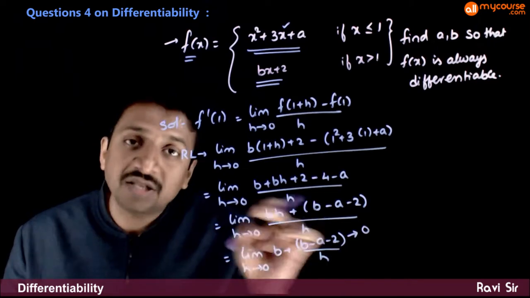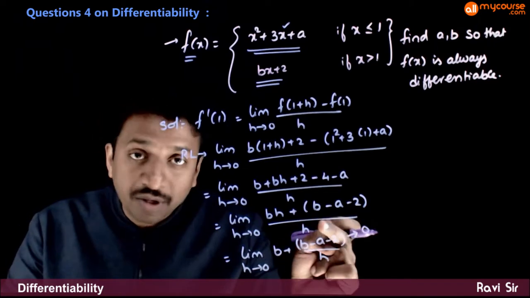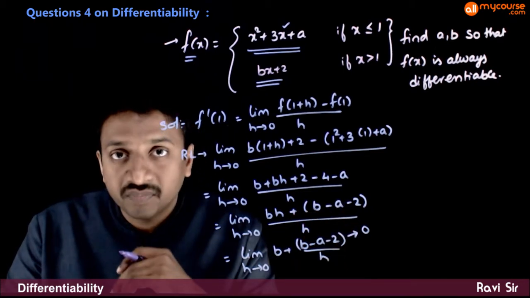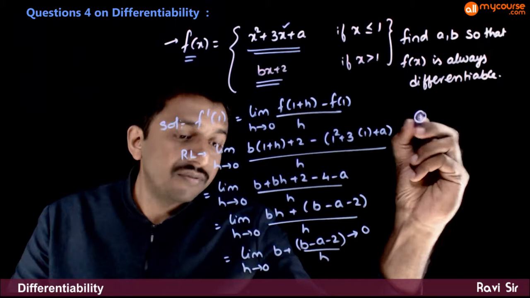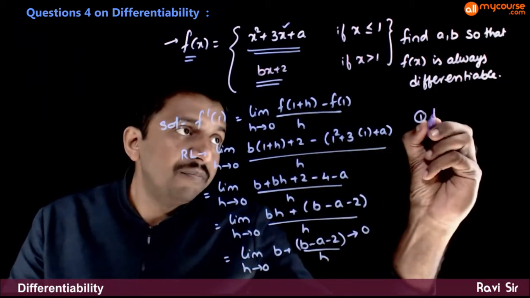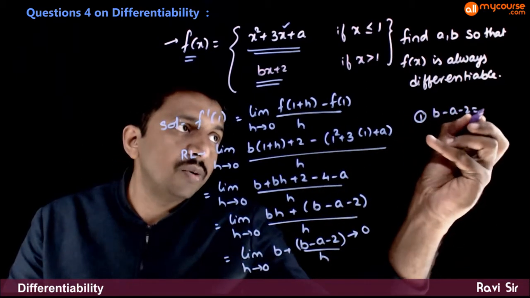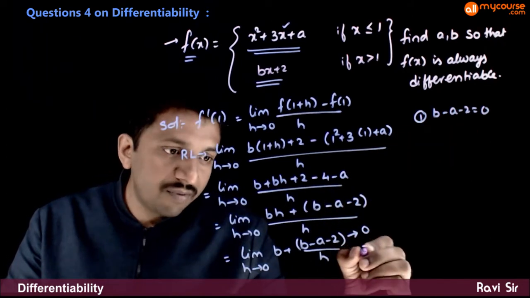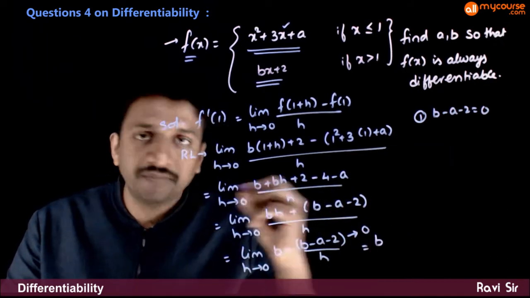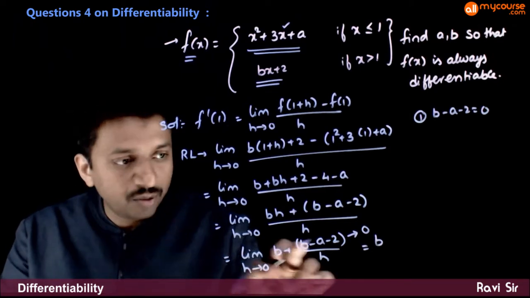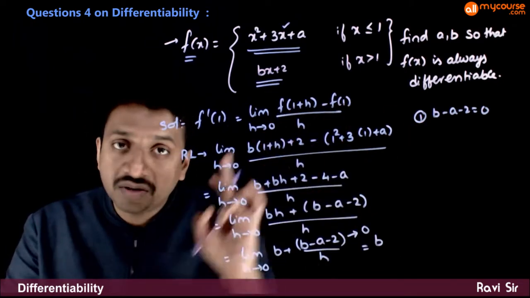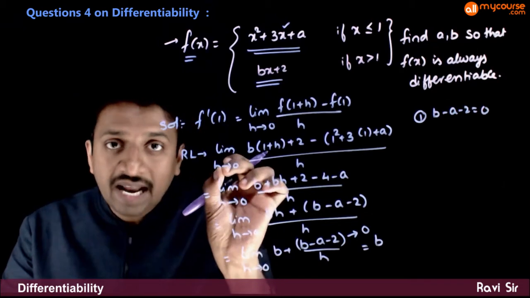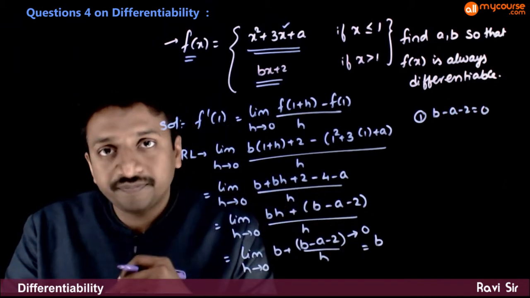The numerator has to be equal to 0. If the numerator is nonzero, this limit will go to infinity. So for this limit to be defined, b minus a minus 2 has to be equal to 0. And if this happens, the value of the limit is equal to b. This is one condition, and the right hand limit is equal to b.